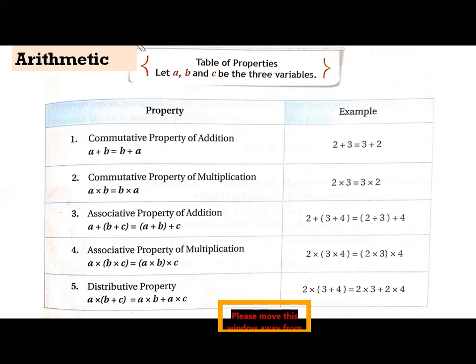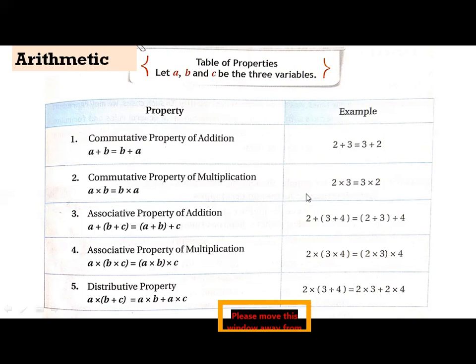We know that a plus b is equal to b plus a. For example, taking a as 2 and b as 3, we can write 2 plus 3 is equal to 3 plus 2. Here we have used the variables a and b, and the constants are 2 and 3.